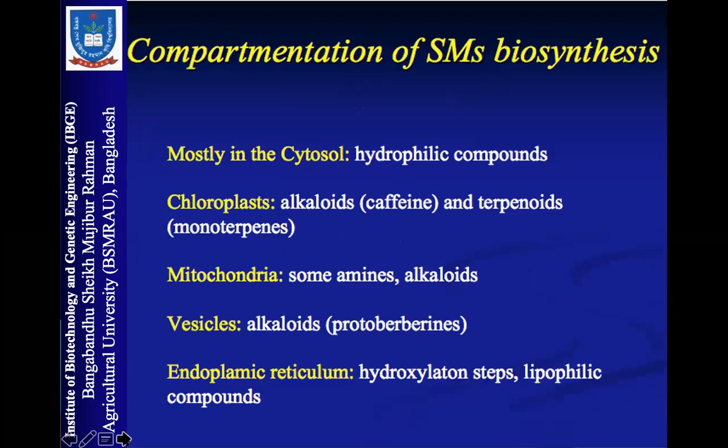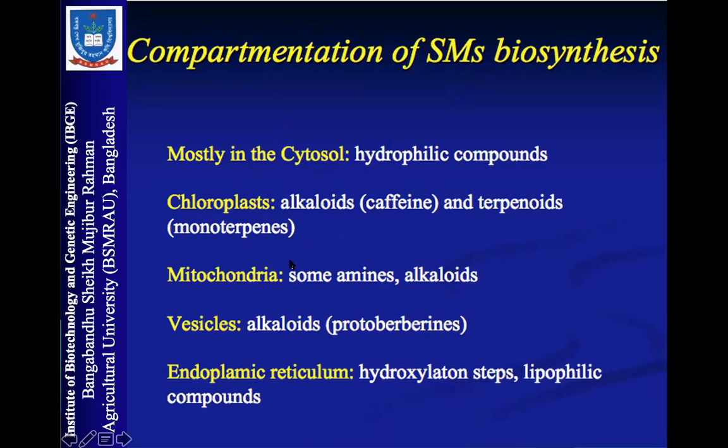Now, compartmentation of secondary metabolite biosynthesis in the plant cell: for example, mostly in the cytosol, hydrophilic compounds are found. Compartmentation means where in the cell these toxic as well as functional metabolites are stored. Chloroplasts store alkaloids like caffeine or terpenoids.